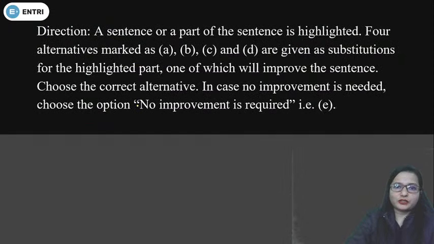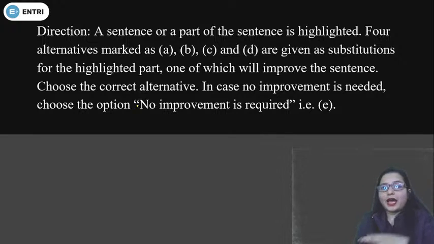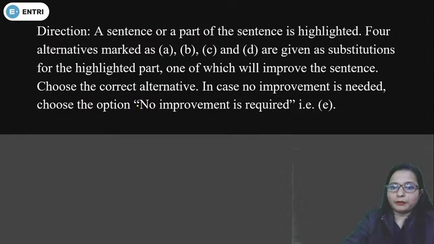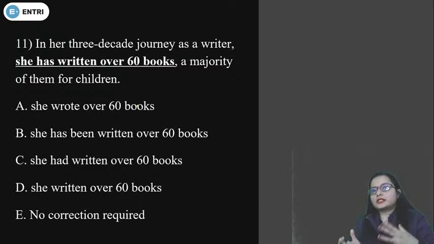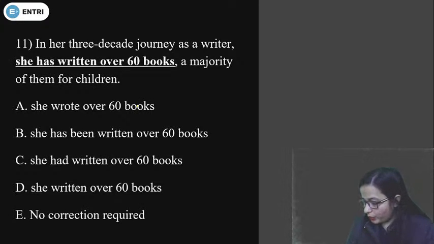Okay, so the next question we have is on a different pattern, and it says the sentence or a part of the sentence is highlighted. Four alternatives are given like A, B, C, and D with some substitutions, and you have to improve them, right? Okay. Now we have been discussing phrase replacement. Now we have sentence improvement questions here.